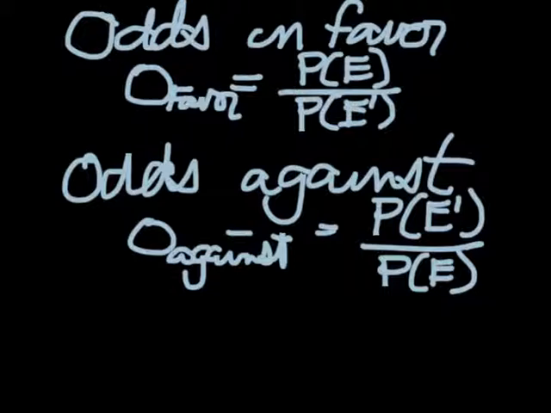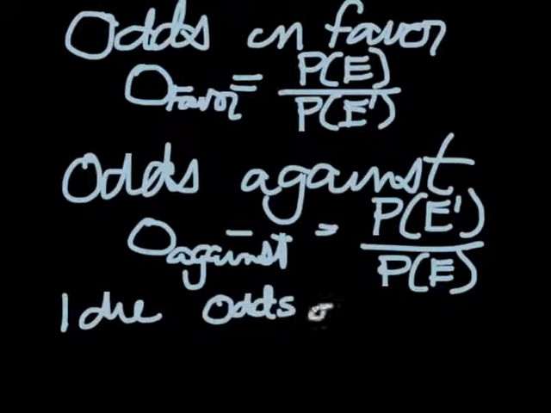So let's look at a quick problem. One of the problems in your book on odds says, suppose you roll one die. So we're going to roll one die. And what are the odds of rolling a number greater than 2?